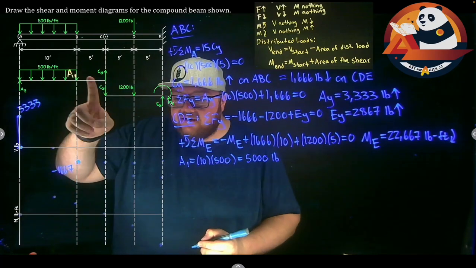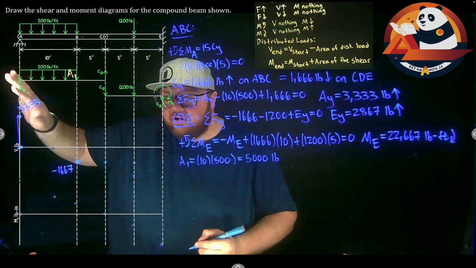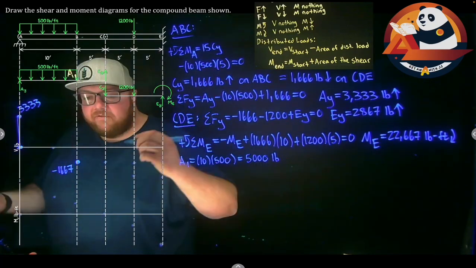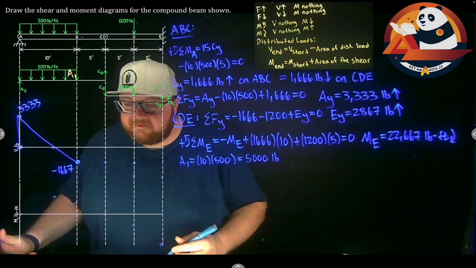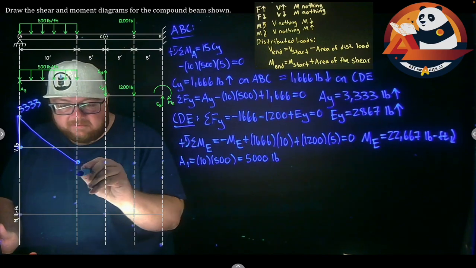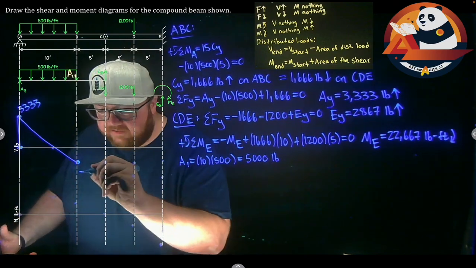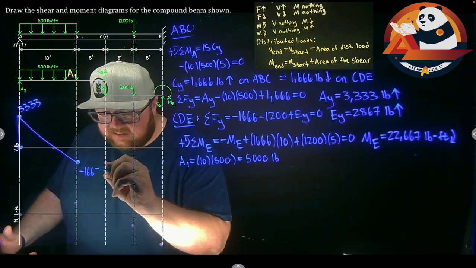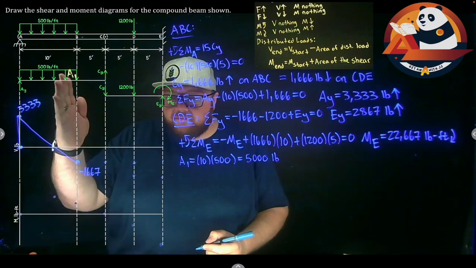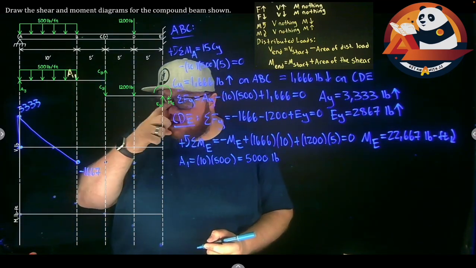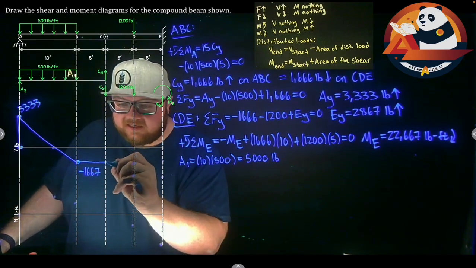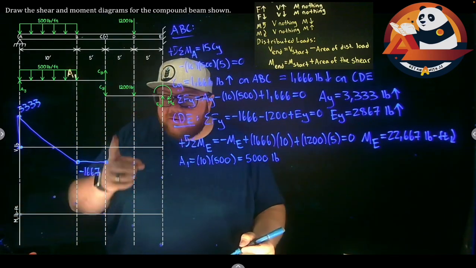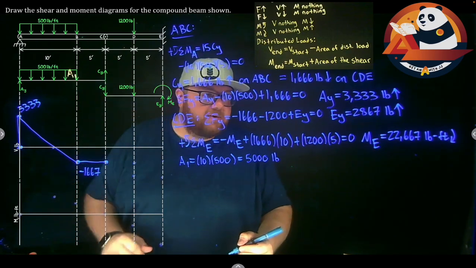I had a constant distributed load, which means I should have a linear function for my shear. I can just connect my dots, straight down. This is going to end up being in the way, so I'm going to move it over. Negative 1667. From B to C, I go straight over because I had no distributed load, so I am constant. And at C, what do we get? We have CY going up and CY going down.